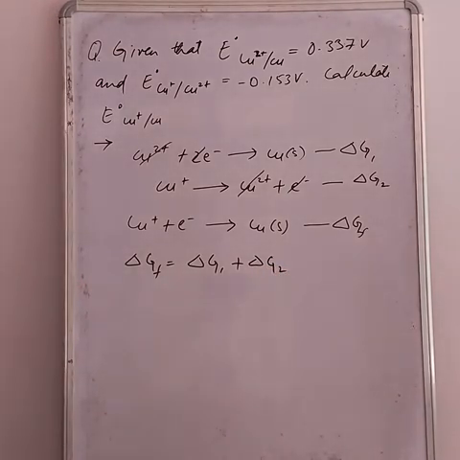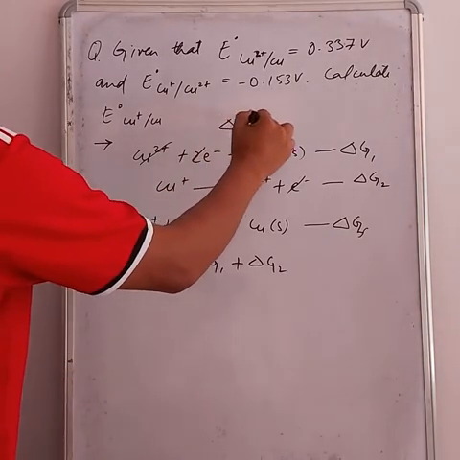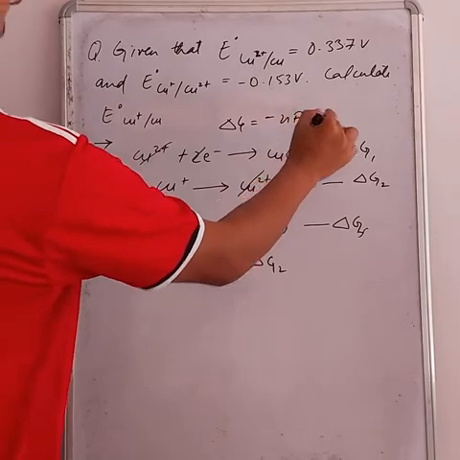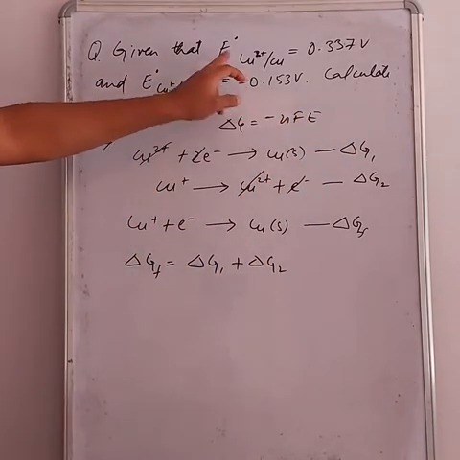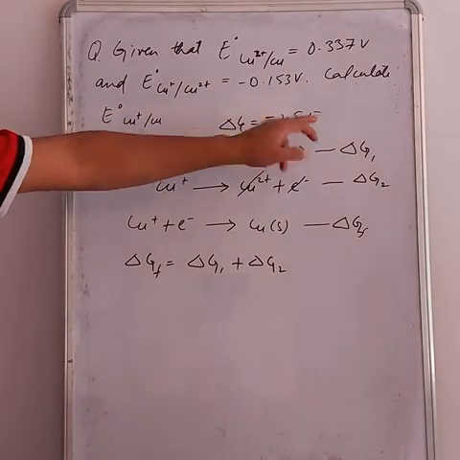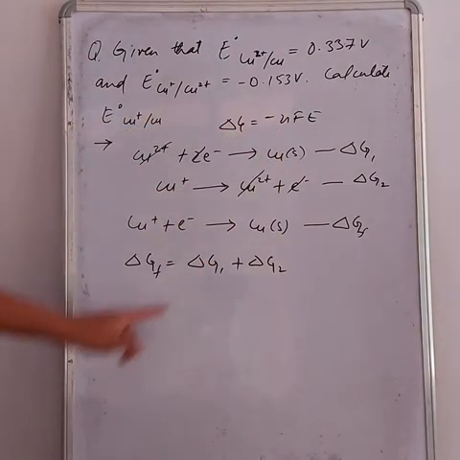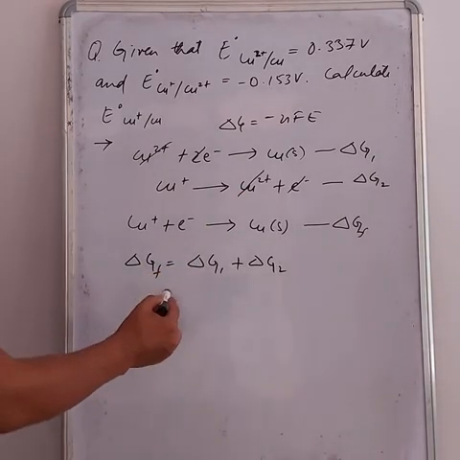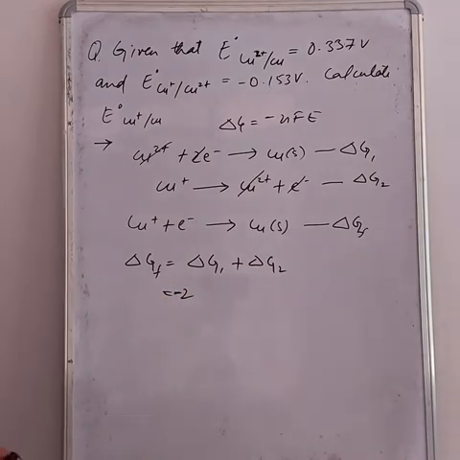So now we know that Gibbs energy change is equal to negative nFE. So you plug in these values because they have given us the reduction potential, the redox potential, and then this is a constant, and you know how many electrons have been transferred at each Gibbs energy change. In the first, we have two electrons transferred, negative. We should not forget the negative.